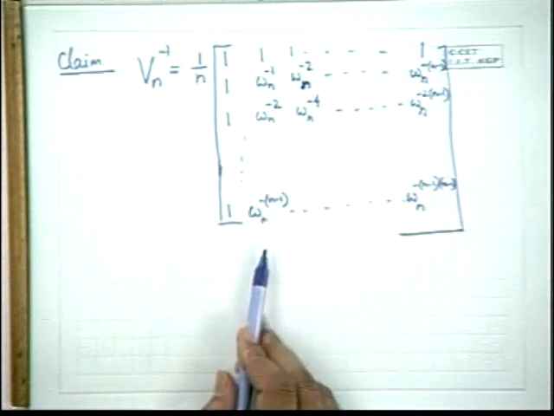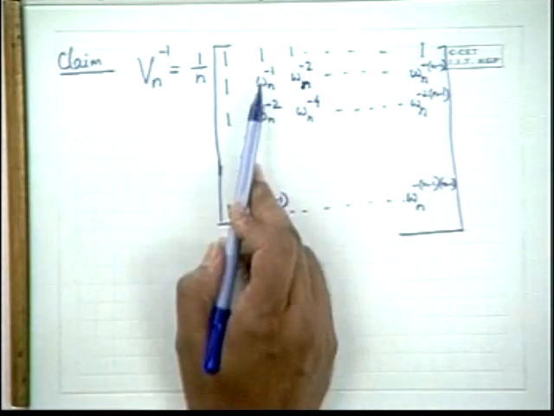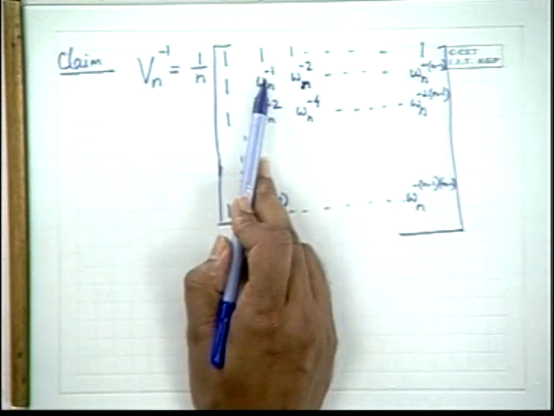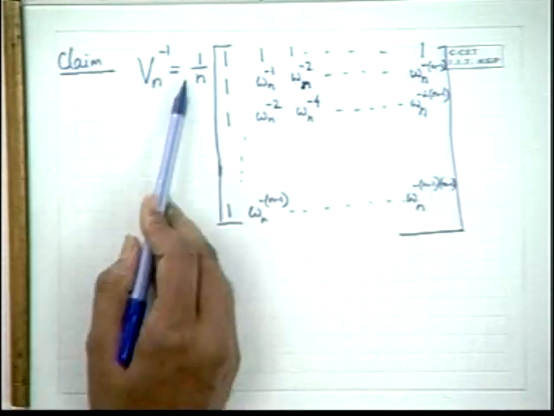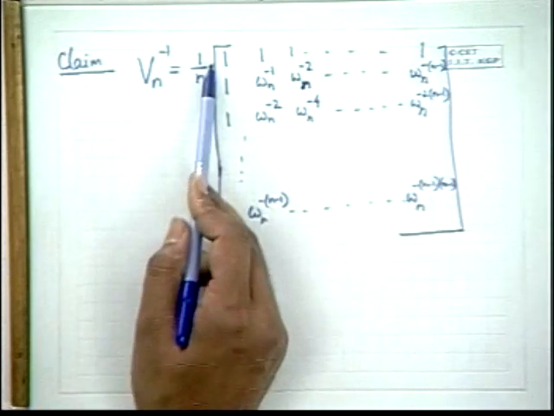So it is almost like Vn, but the power is negative everywhere, and of course there is a 1 over n.